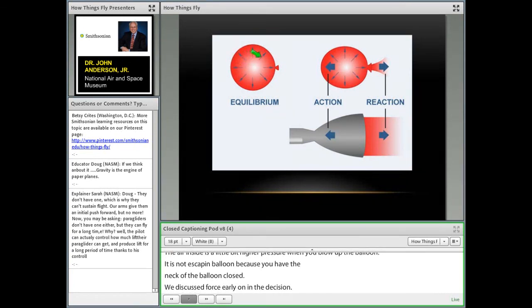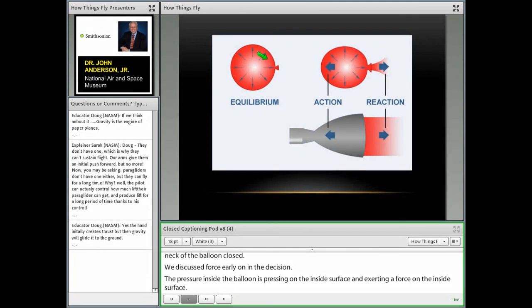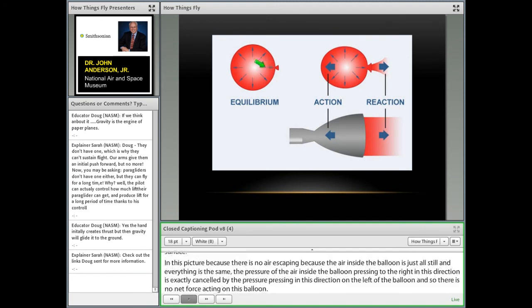Now, in this picture, because there is no air escaping, because the air inside the balloon is just all still and everything is the same, the pressure of the air inside the balloon pressing to the right in this direction is exactly canceled by the pressure pressing in this direction on the left of the balloon, and so there is no net force acting on this balloon. If you just let go of the balloon, it's just going to gradually fall down to the floor.